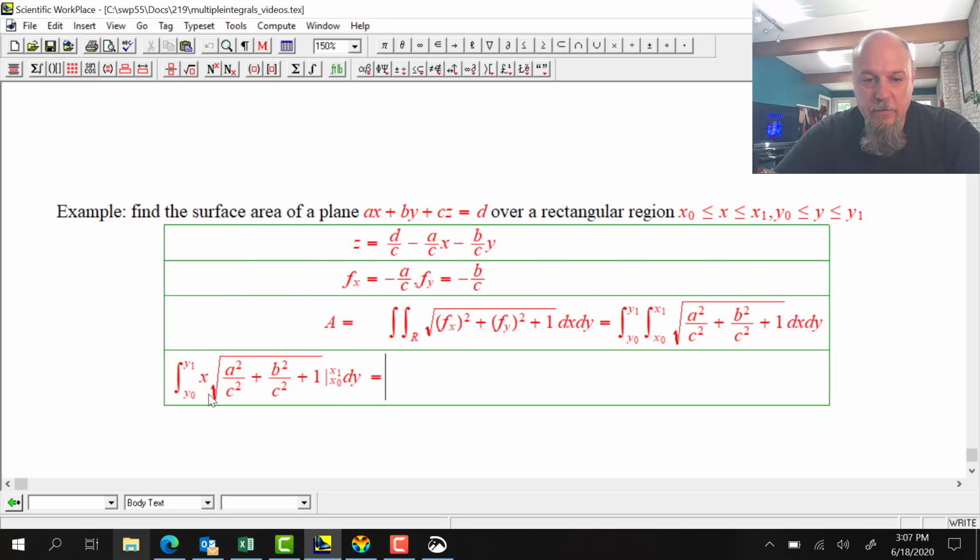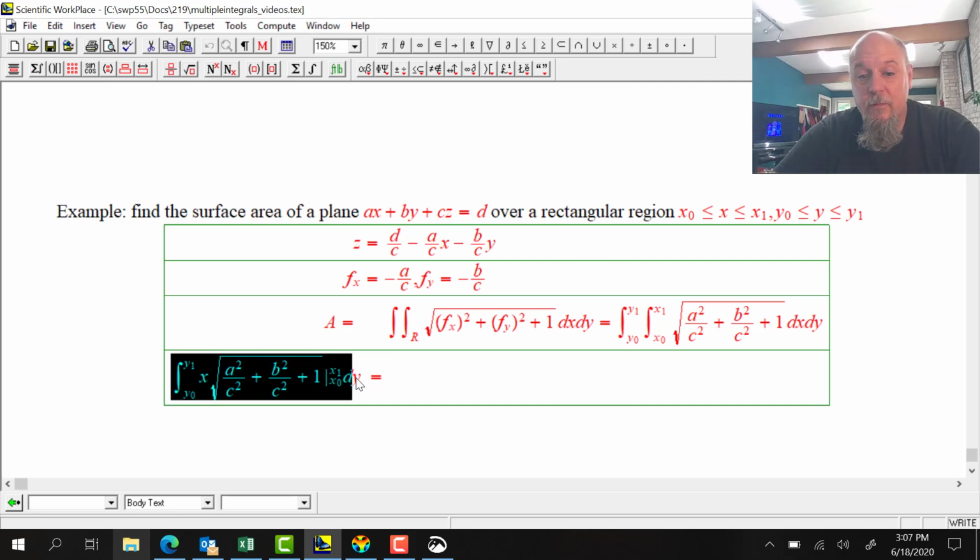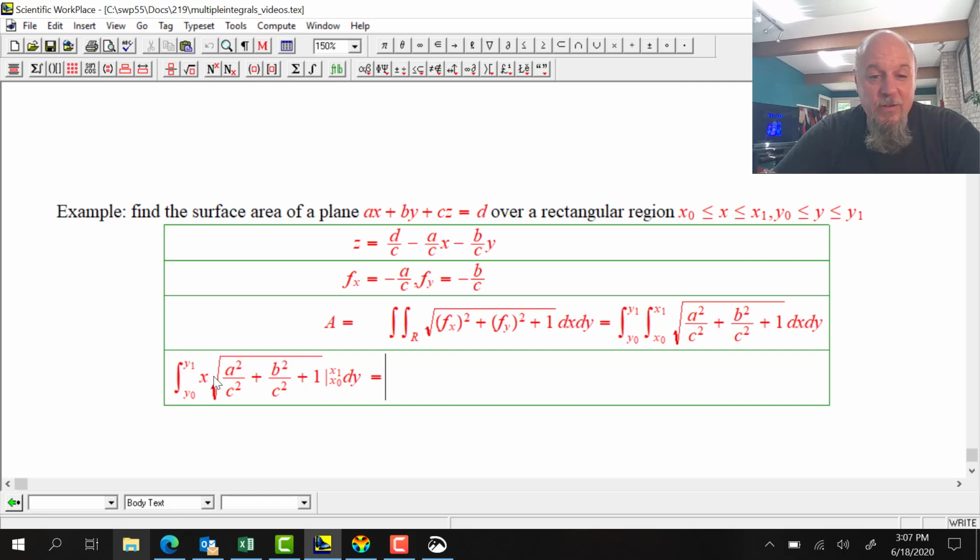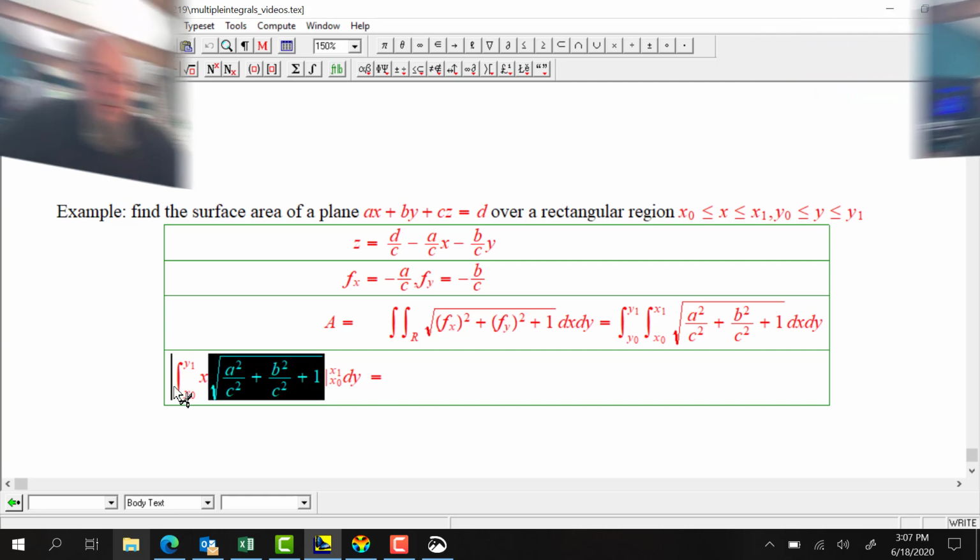Which, working in the middle here, is going to end up being this expression times x1 minus this expression times x0. Let's factor that piece out, the square root thing. This is a constant, right? Since there's no y's in there either, let's just bring that to the outside.